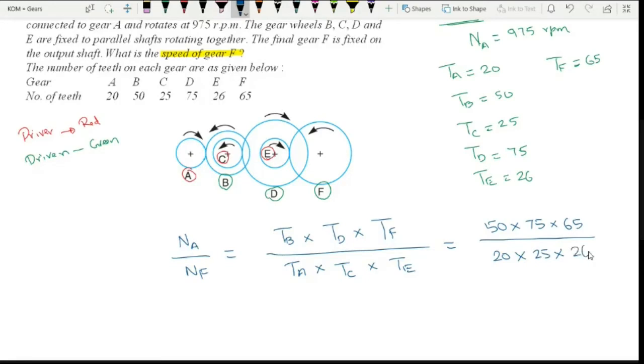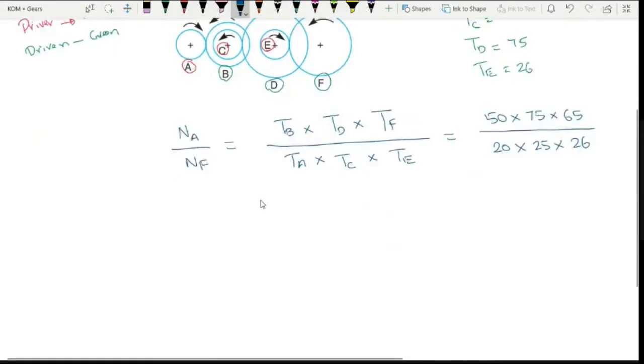So you get NA by NF equal to 50 into 75 into 65 divided by 20 into 25 into 26. You're getting 19.5. Now I want NF.